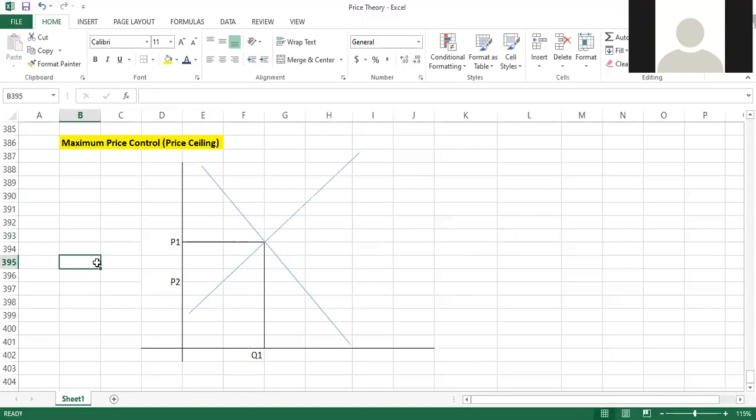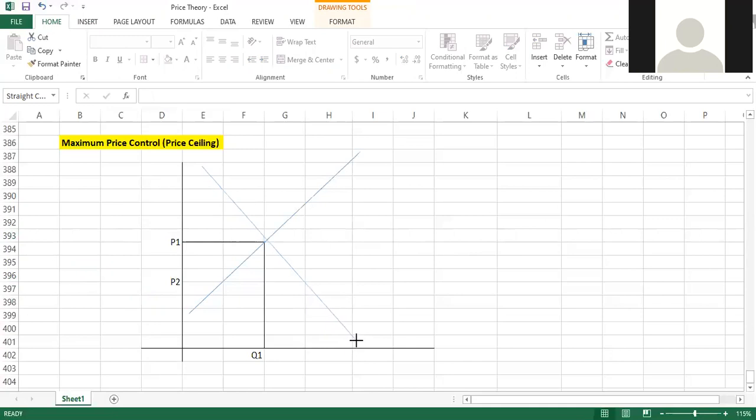When the price decreases, what will be the response of the consumers? Consumers are willing to buy more, but producers are willing to supply less. As a result, what will happen? A shortage in quantity.